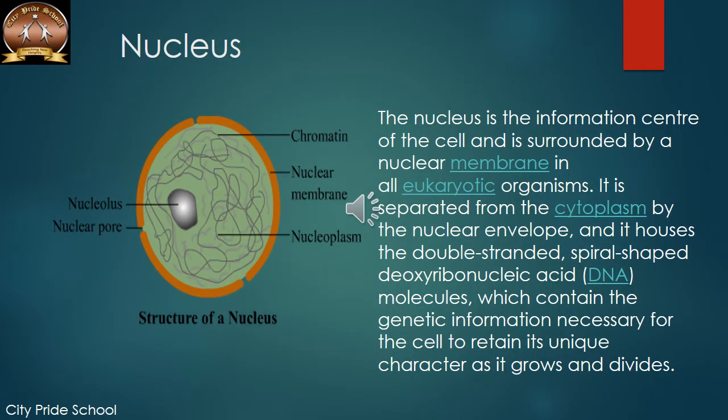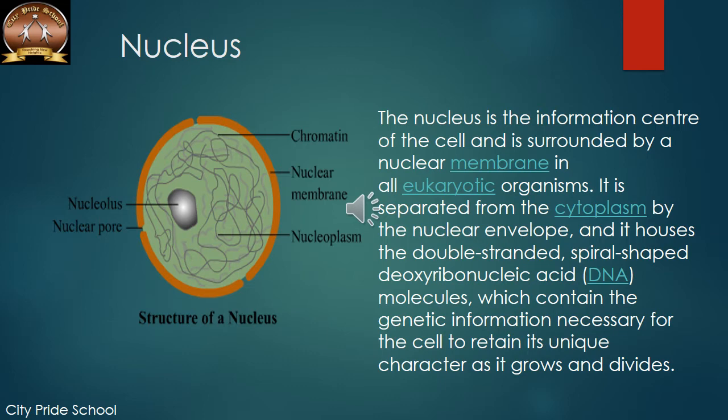Now let's see the structure of the nucleus, which I told you is the central hub, or the central controlling center, of the cell. The nucleus is made up of a double-walled membrane, you can see this wall, with pores in between.